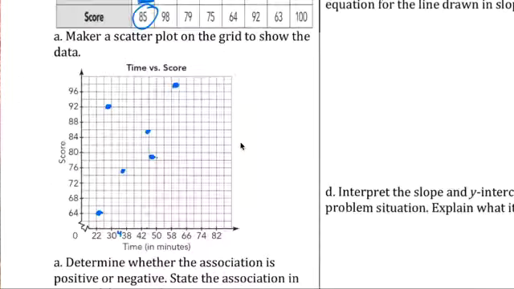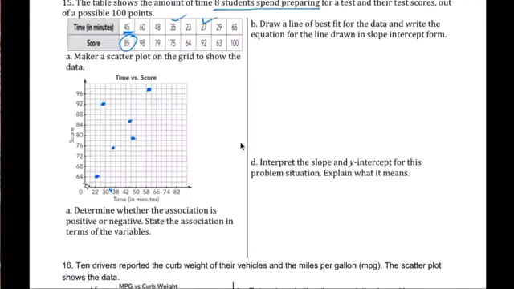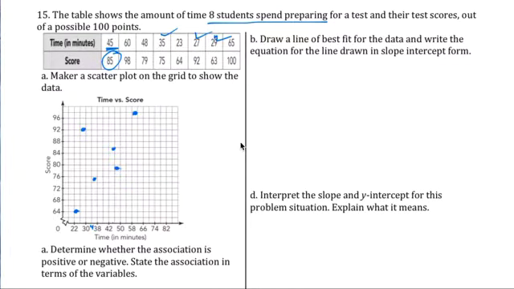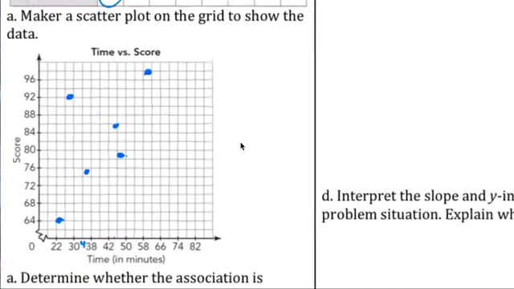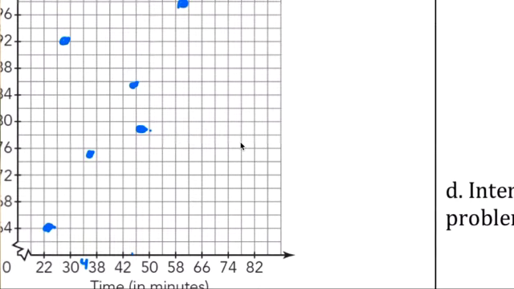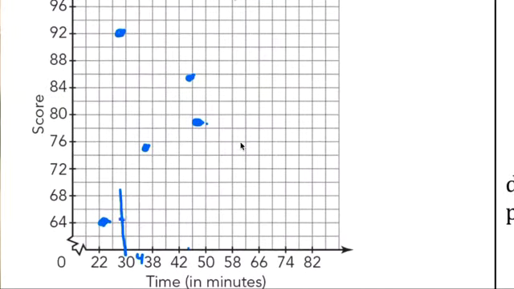Out of the norm. Notice it's further away from everybody. 29, 63, somewhere there, right below 64. 65 and 100. Okay, so this is an outlier.